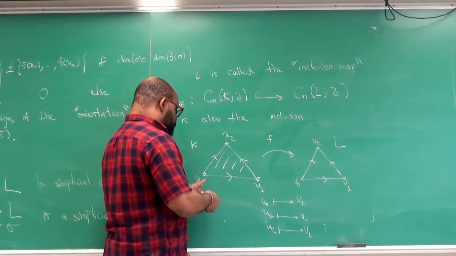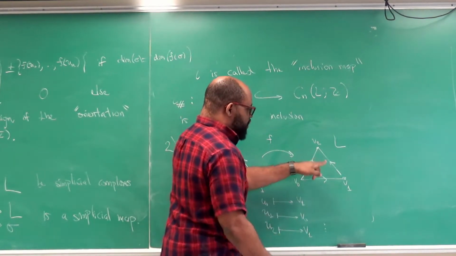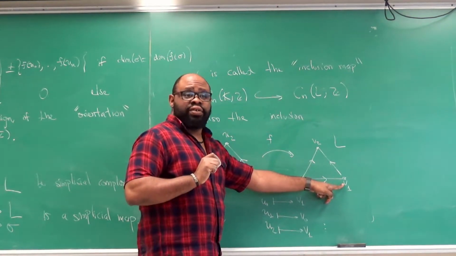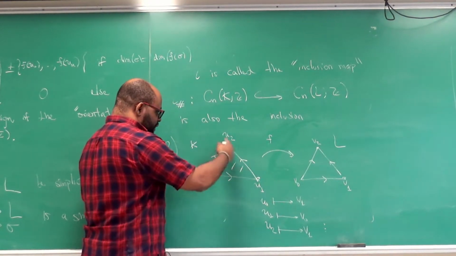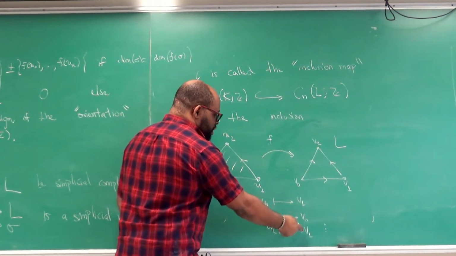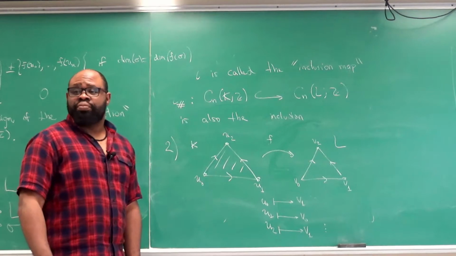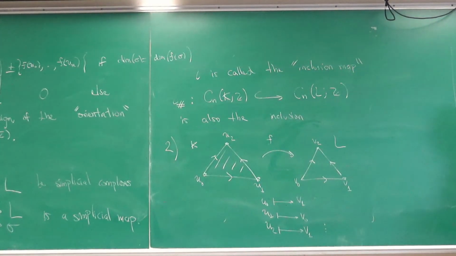It sends {u0, u2}, for example, to the vertex v1, so it collapses. Okay, and then the entire simplex {0, 1, 2} is being sent to the edge {v1, v0}. So that is F. It's an honest to God simplicial map.